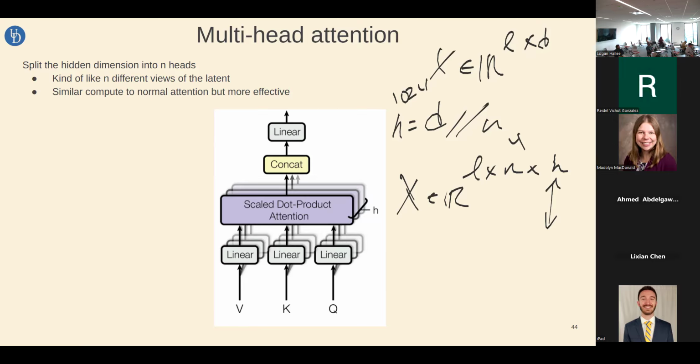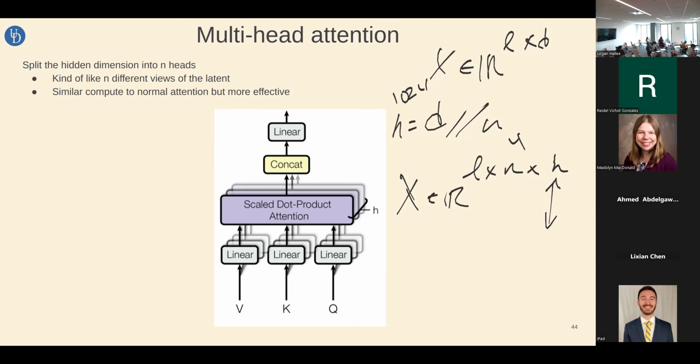It allows the model to look at the input through more different lenses. And because we split the D into N by H, and don't literally make different copies of D length, it turns out that this is basically computationally equivalent in expense to normal attention. And so it's used instead almost always.